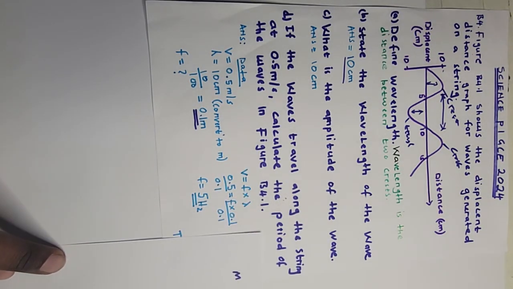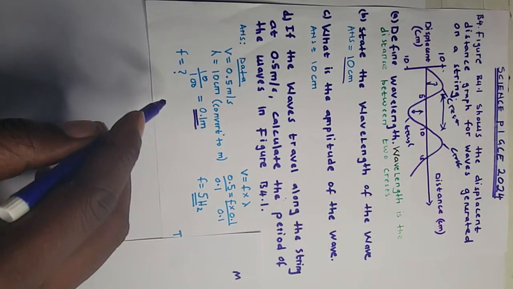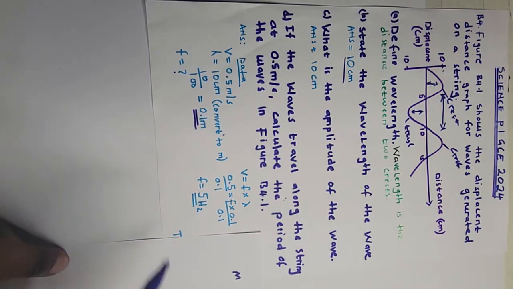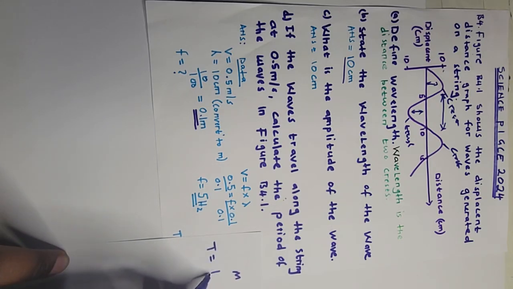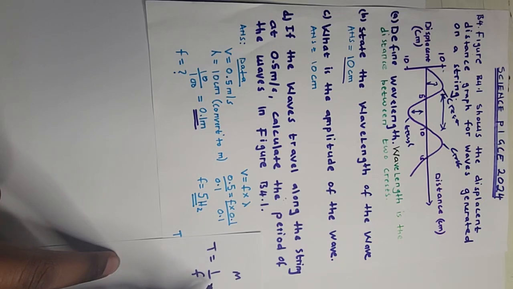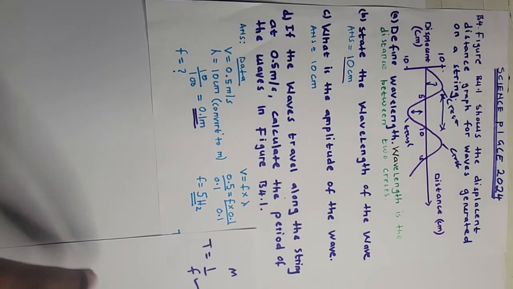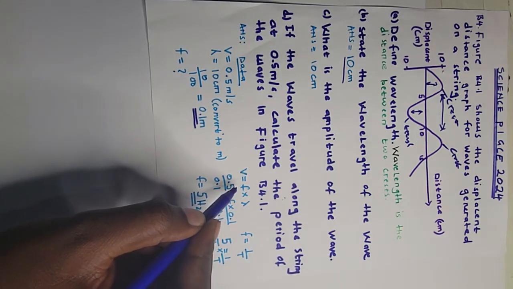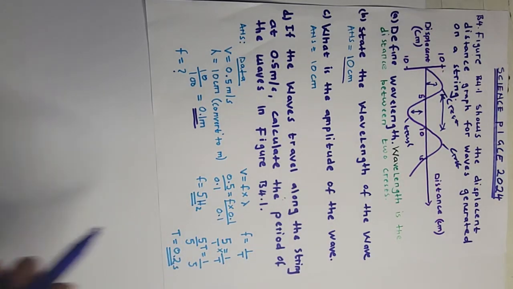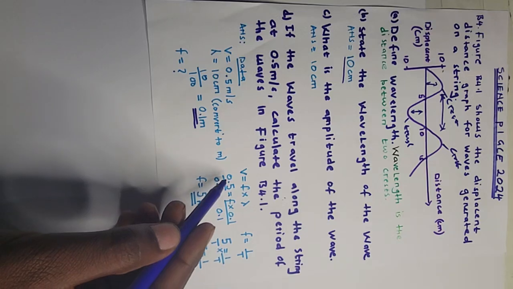So first of all, we find the frequency, because remember I said period is equal to 1 divided by frequency. This is our formula. We are going to find the frequency using the formula wave speed is equal to frequency multiplied by wavelength.